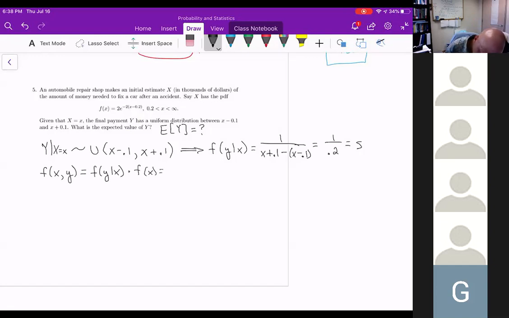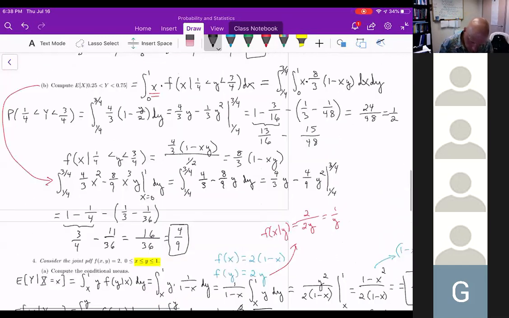So this is going to be 5 times the f of x function given on top, which is 10e to the negative 2 times (x minus 0.2). That's all that we actually know from this problem so far. So we need to figure out how we can get at the expected value of y.